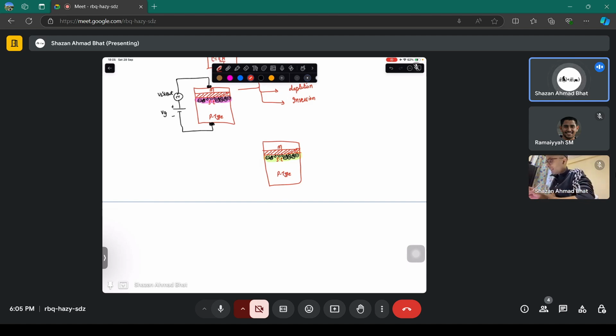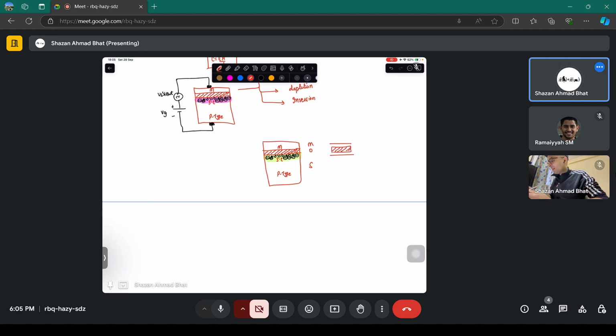For that sake, you bring two terminals into the device to make it a metal oxide semiconductor field effect transistor. Right now, it's just a MOS capacitor, with a metallic plate, a semiconducting plate, and an oxide in between.